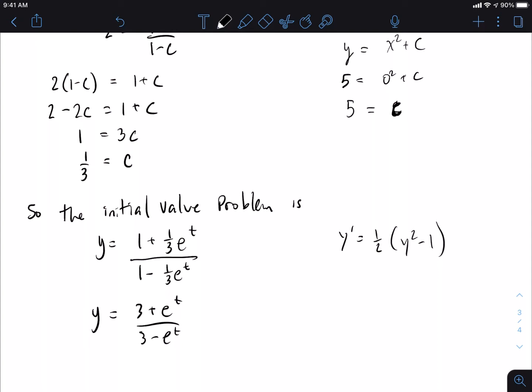So when I take and separate this thing into an integral problem, my solution would have been this at the point 0, 2. You guys with me? Yes. Pretty crazy, huh?